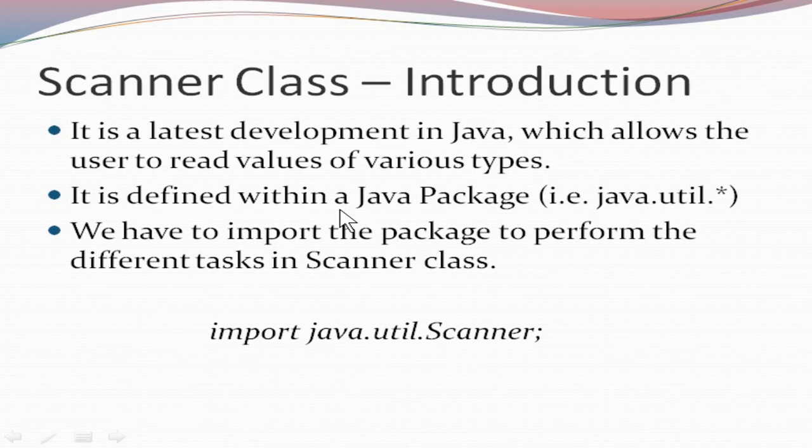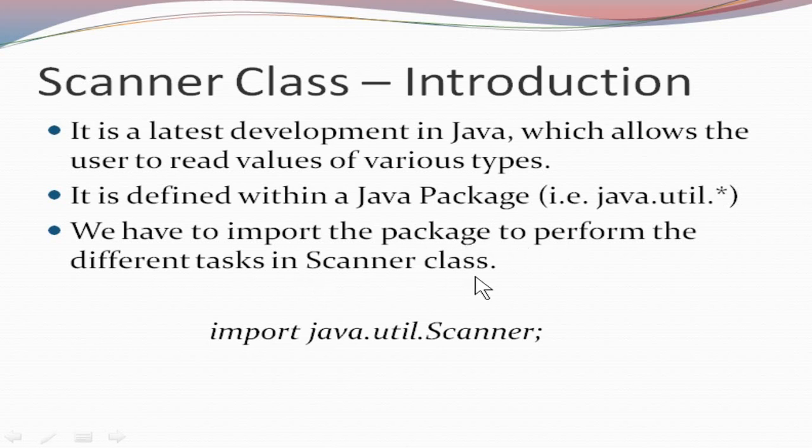Now to include this in the program, you need a Java package. The Java package used to include the Scanner class is java.util.*. java.util is the package which has the Scanner class, and this asterisk symbol represents all the classes available under this package. We have to import the package to perform the different tasks in the Scanner class.